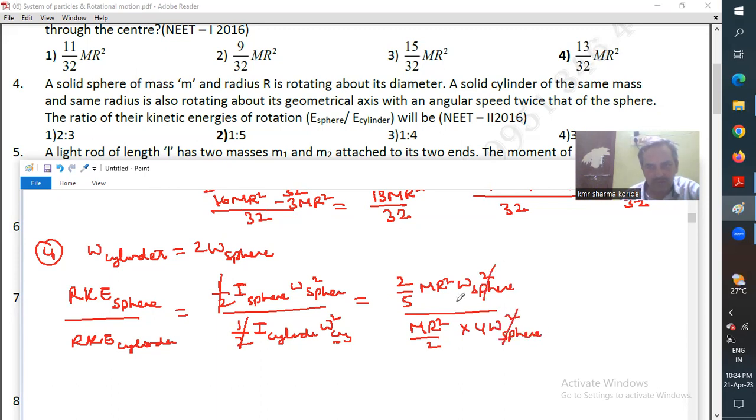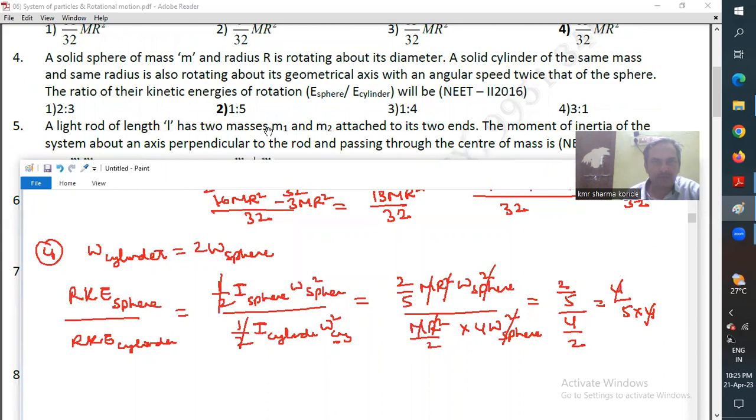So this and this get cancelled, m R square gets cancelled. Then this is going to be 2 by 5 whole divided by 4 by 2. So then this is going to be 4 by 5 into 4. So 4 and 4 cancel. So the answer is 1:5. The second option is correct.